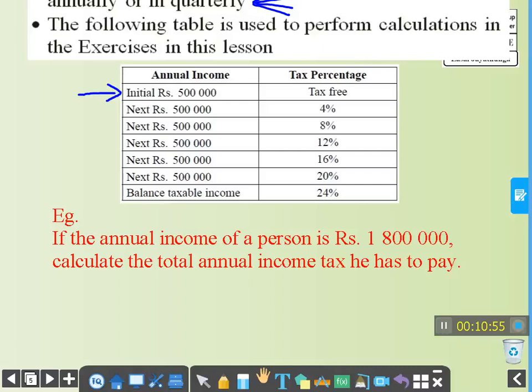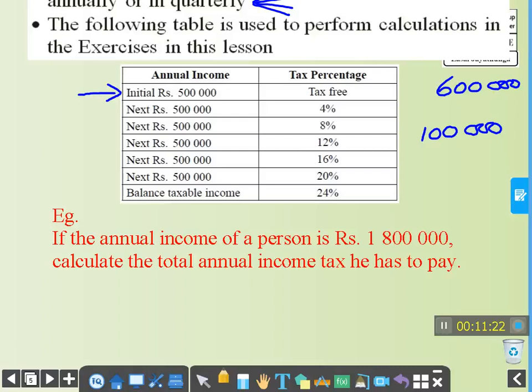Simply think your income is 600,000. Then you are above 500,000. How much above? 100,000. The government tax-free limit is 500,000.